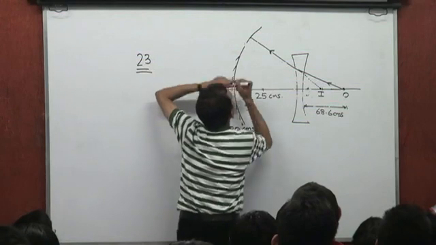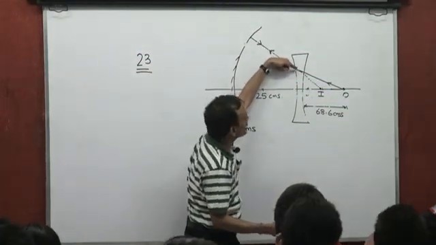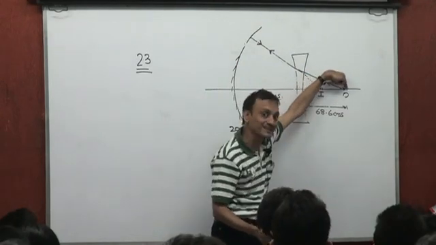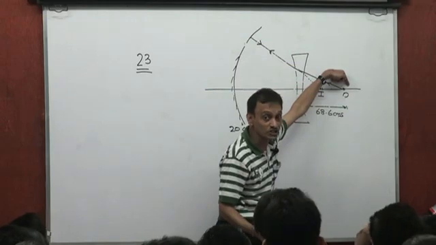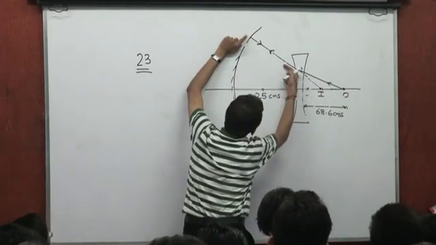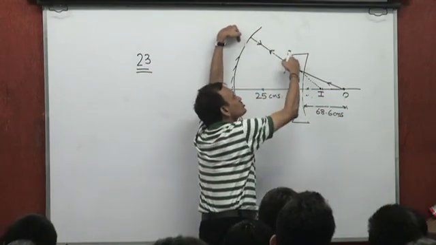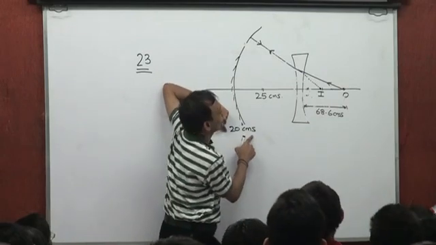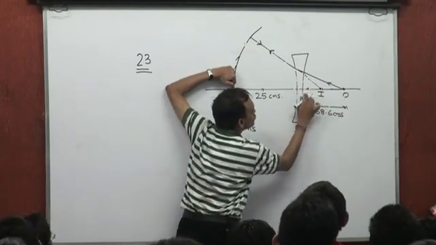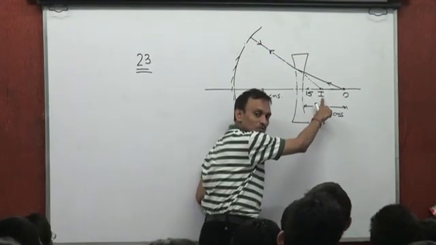So the ray of light, if incident normally, would retrace its path. It will go like this, and then from reversibility of light, it will settle at O. Then the image and the object would coincide with each other, right? And when would this be incident normally on the mirror? When this line passes through the center of curvature of the mirror. The radius of curvature is 40 centimeters. This is 25. So this must be 15 centimeters. This must be the center of curvature of the mirror.